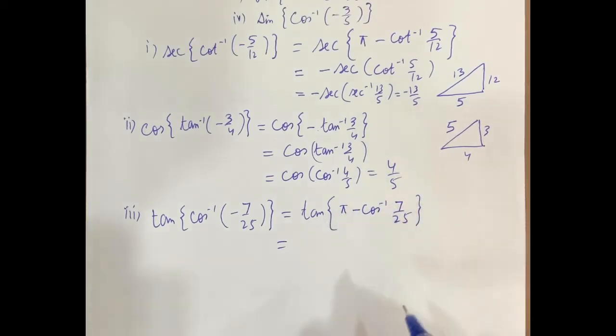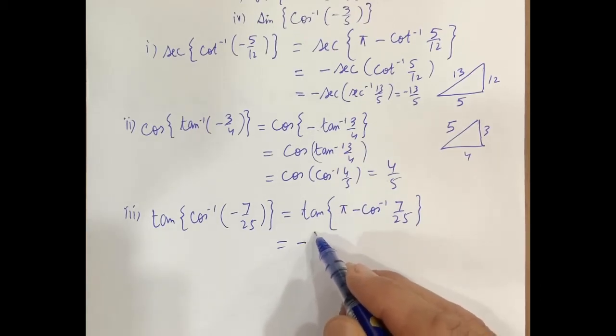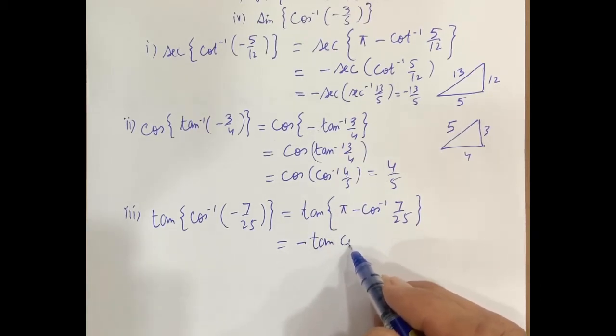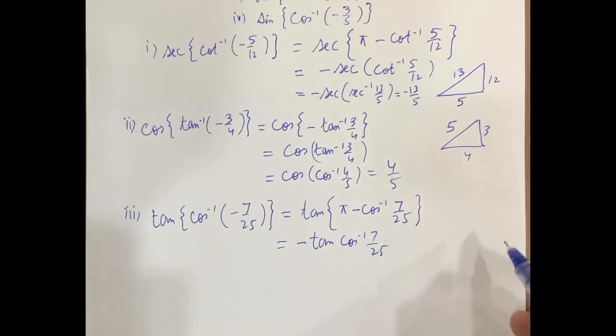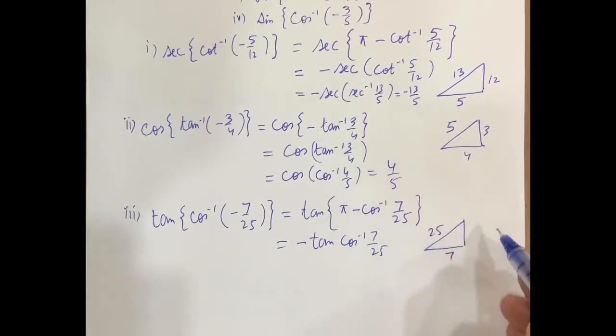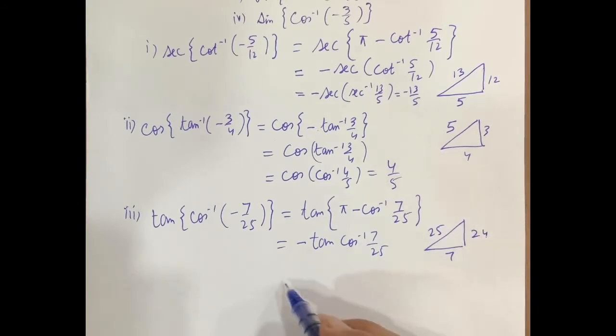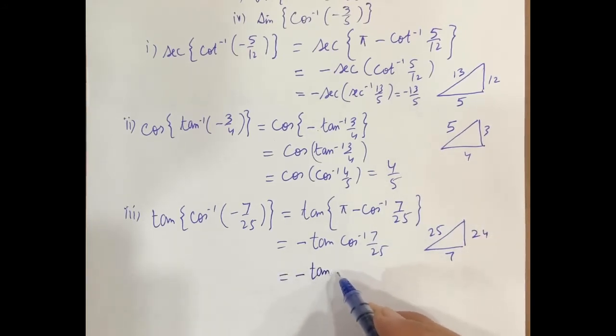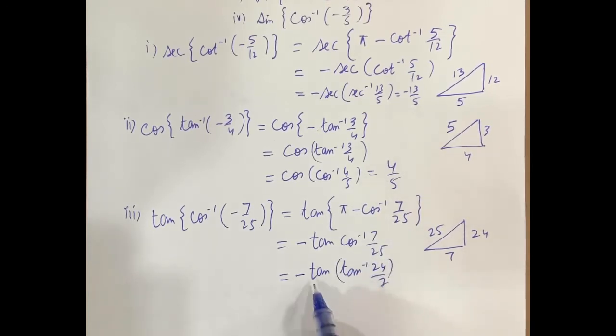Tan of pi minus theta using allied angles is minus tan of theta. Then draw a triangle in which cos is 7 by 25. This side will be 24. So this is minus tan, this can be written as tan inverse of 24 by 7. So tan and tan inverse will cancel out. This is minus 24 by 7.